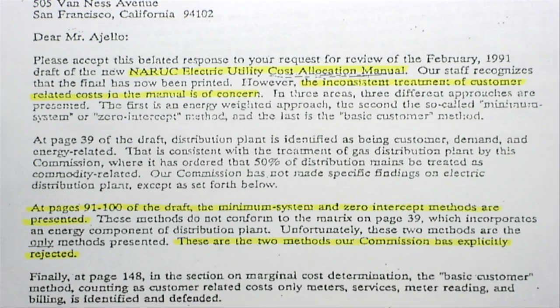I don't know the person that's named as the addressee, but I'll take your word for that. Follow down with me where it says at pages 91 to 100 of the draft, the minimum system and zero intercept methods are presented. Do you see that where it's highlighted? I do. And it says these are the two methods our commission has explicitly rejected. Do you see that? I do.